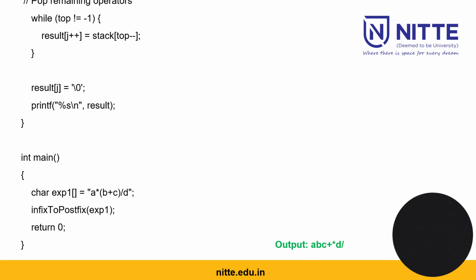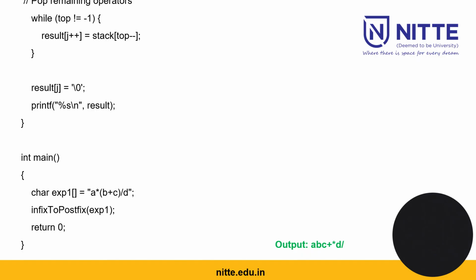Then I will execute the infix to postfix function by giving this as input. Then it will take the input and convert the infix expression to the postfix expression. Then it will return 0.